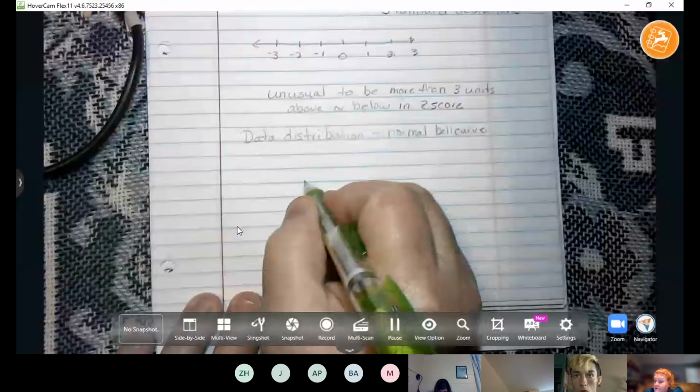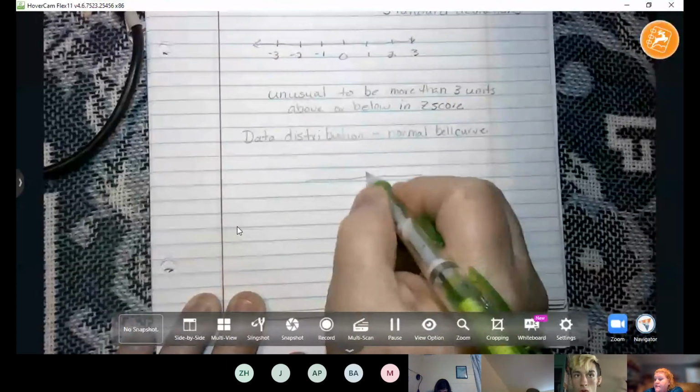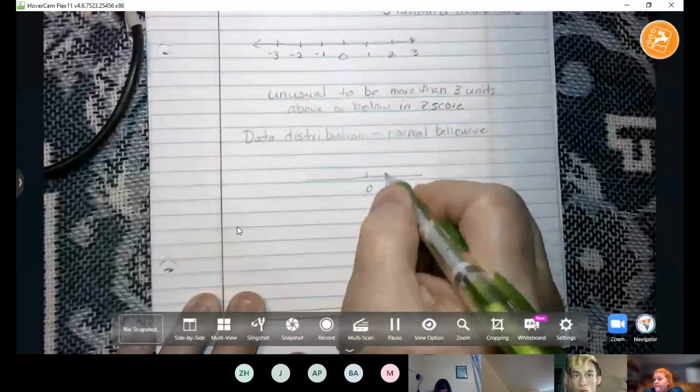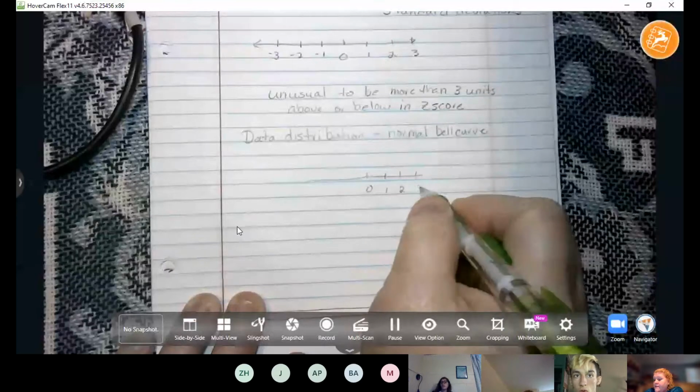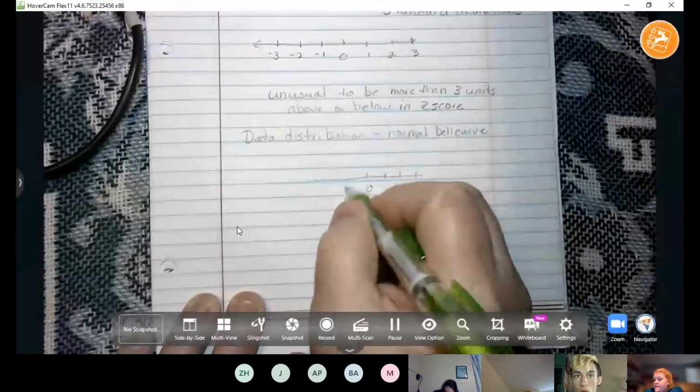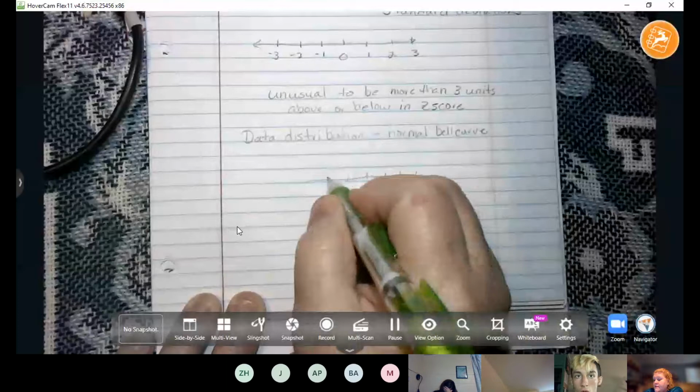So here's our number line at 0. If you have a normal bell curve, where is most of your data going to be grouped?